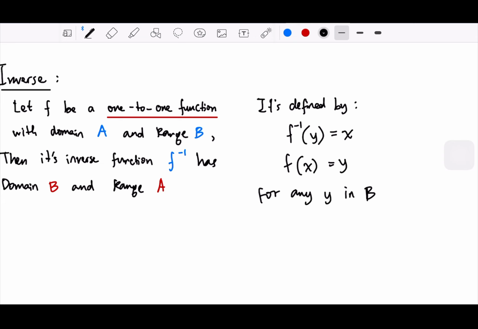So the inverse, I think I also mentioned in the last class, means that you have a certain domain and a certain range, and when you take the inverse, you are exchanging the domain and range. And if we are exchanging domain and range, which means we are exchanging our y and x.